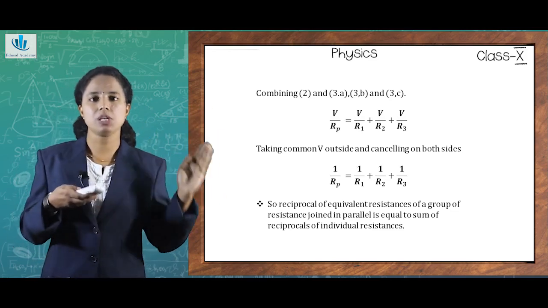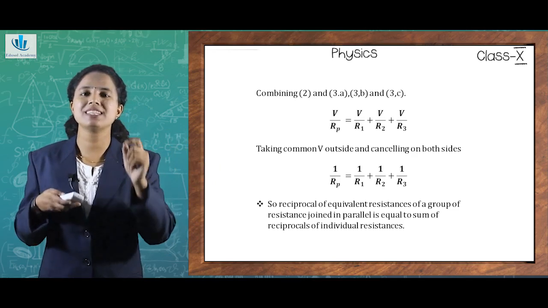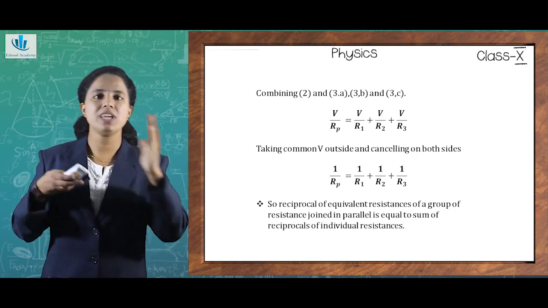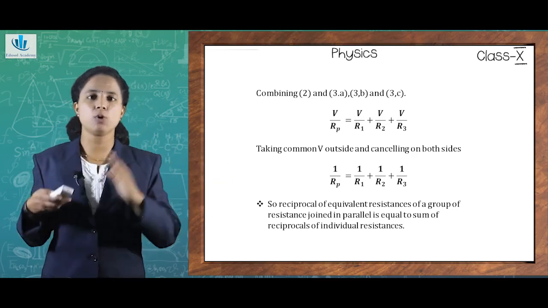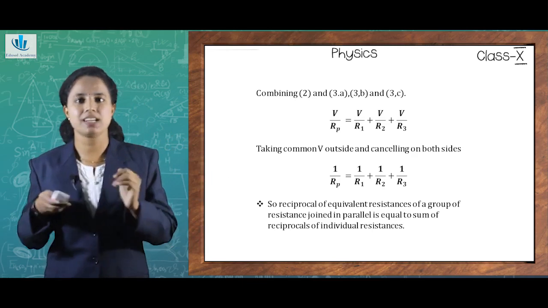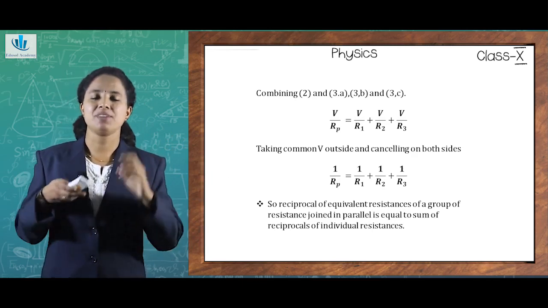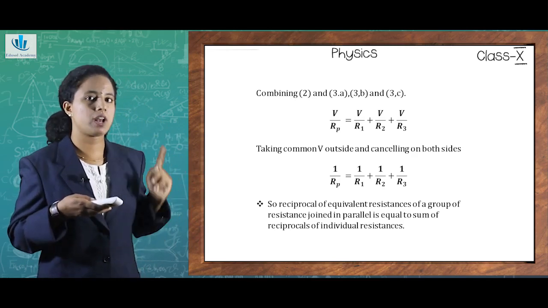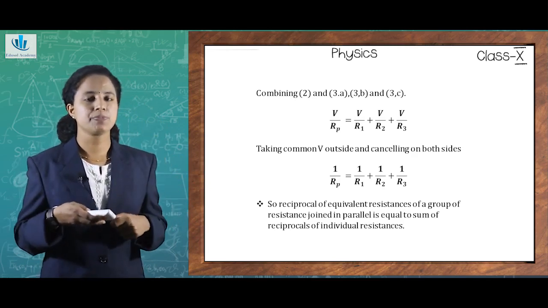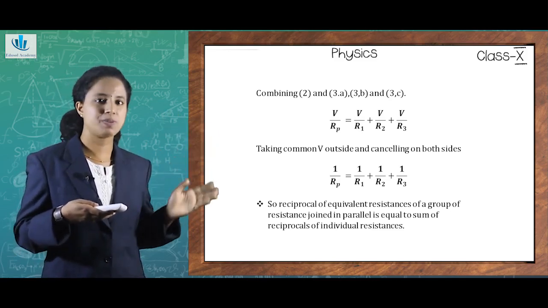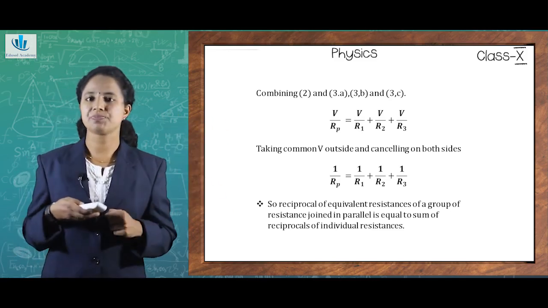When we look at both sides of the equation, you can see the numerators have a common factor, that is V. So if I take V outside and cancel it on both sides, I obtain the final equation as 1 by Rp, that is the reciprocal of the equivalent resistance, equals 1 by R1 plus 1 by R2 plus 1 by R3.